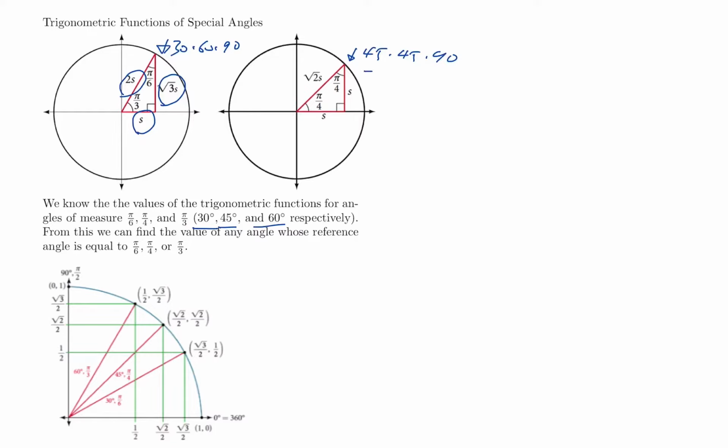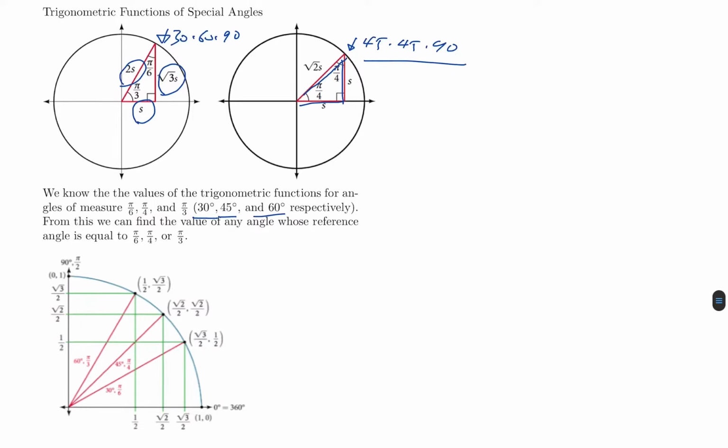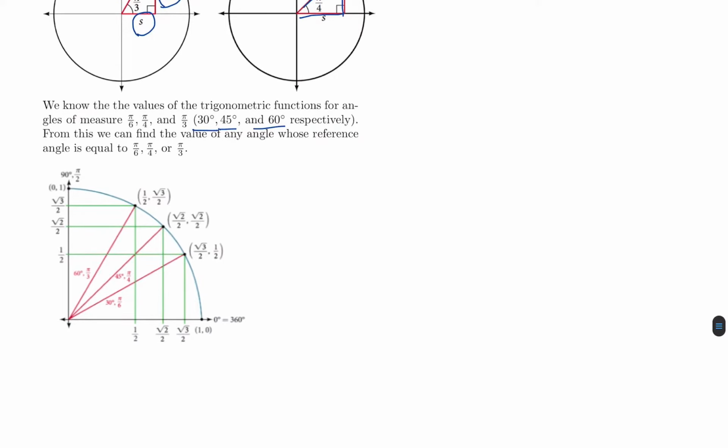For the 45, 45, 90 degree, or pi over 4, pi over 4, pi over 2 triangle, we have a radius of square root of 2 times s, and the horizontal and vertical distances are both just s. So using these two relations between distances, we can construct the unit circle.